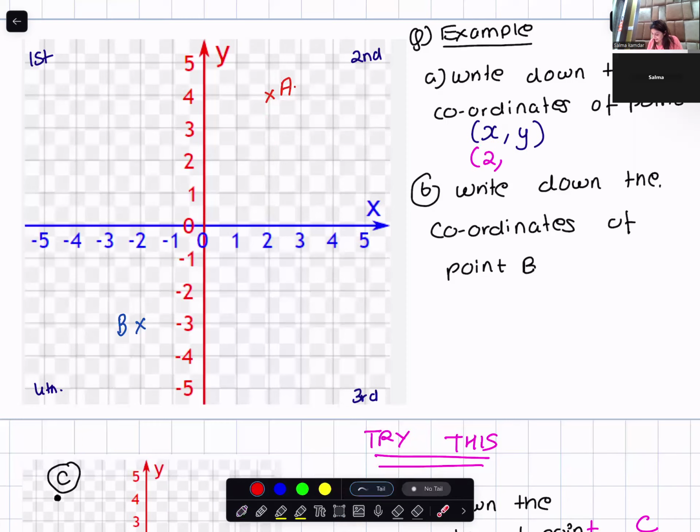It is touching the y-axis at point 4, so the y coordinate would be 4. So the coordinates of point A are 2, 4.